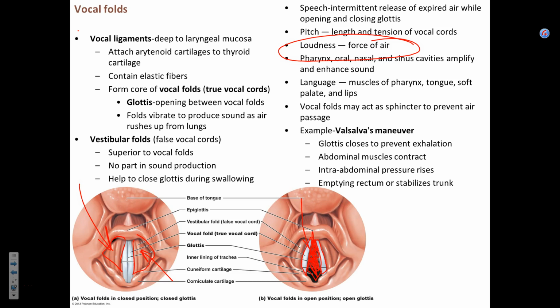Now, without vocal cords, you cannot produce the sound. But there are sound modulations, other structures that actually change the sound, sinuses and nasal cavity. When you get a stuffy nose, your voice changes. Okay? Another interesting thing, did you hear your voice on recordings? Does it sound different?